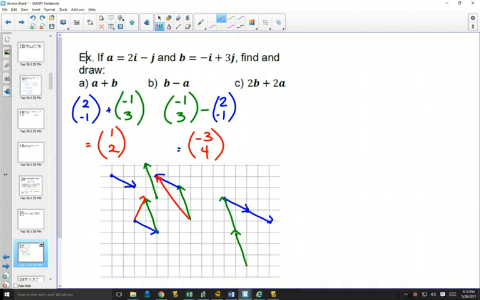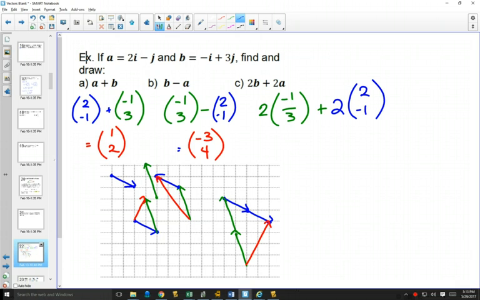And we would end up here. So 2 b's, those are my green ones, plus 2 a's is going to equal, well, now we're 2 to the right and 4 up.